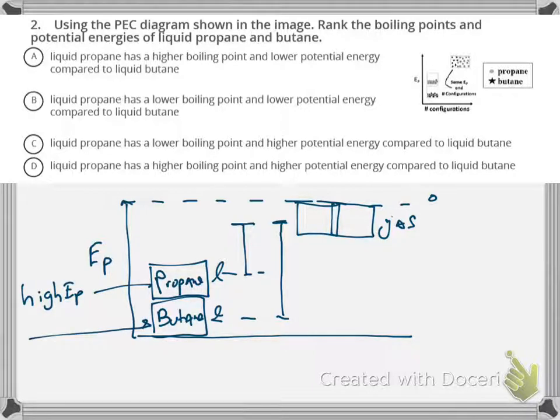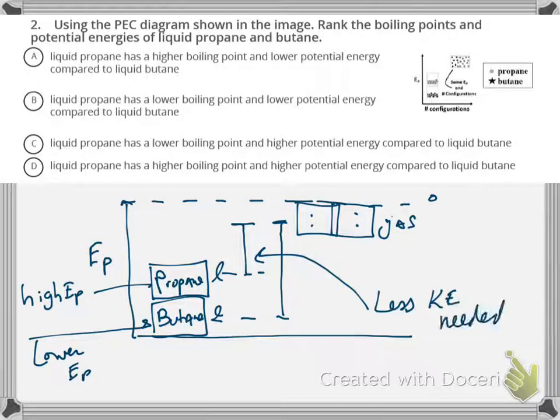That means propane, as shown on here, has a higher potential energy, and butane has a lower potential energy. It takes less kinetic energy to separate the propane, and therefore would have a lower boiling point as compared to butane. So putting all this together, we know that liquid propane is going to have a lower boiling point.